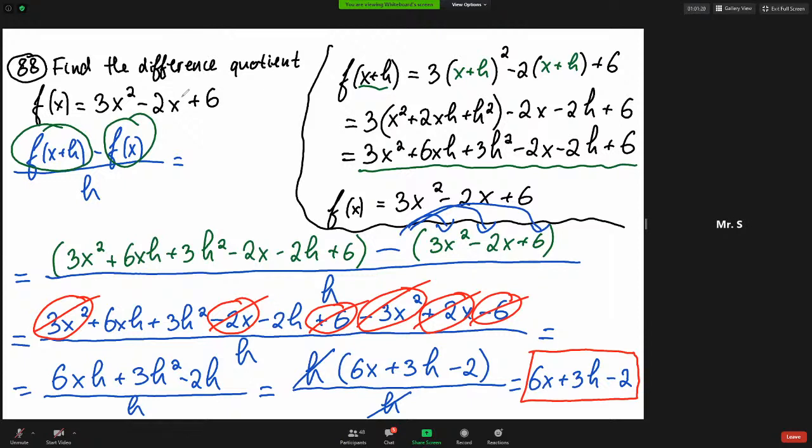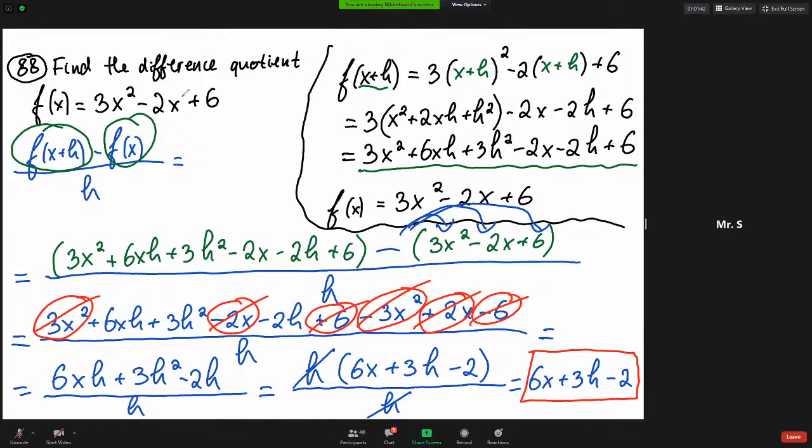So the answer is yes, that would be absolutely correct algebraically, and it would give you the same answer in this case. The only issue, and it's not even an issue, is to make sure that you did everything correctly, you want to make sure that every term left behind contains an h.